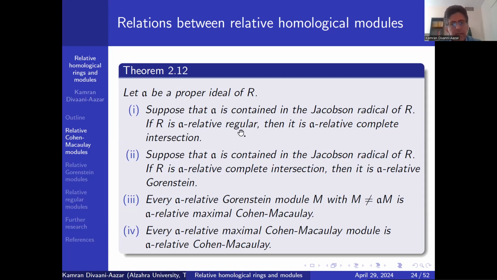Then if R is relative regular, it is also a relative complete intersection. Also, if R is a relative complete intersection, then it is also a relative Gorenstein. And we have this one: every relative Gorenstein module such that M is not AM is a relative maximal Cohen-Macaulay. And the fourth, every relative maximal Cohen-Macaulay module is a relative Cohen-Macaulay.